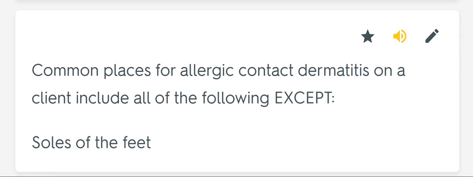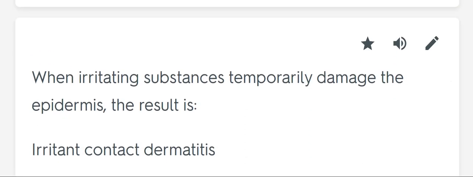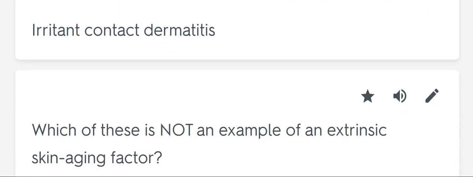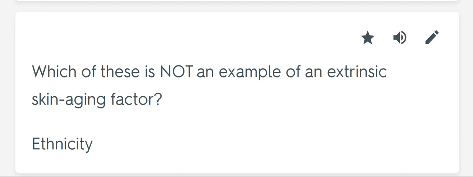Common places for allergic contact dermatitis on a client include all of the following except soles of the feet. When irritating substances temporarily damage the epidermis, the result is irritant contact dermatitis. Which of these is not an example of an extrinsic skin aging factor?